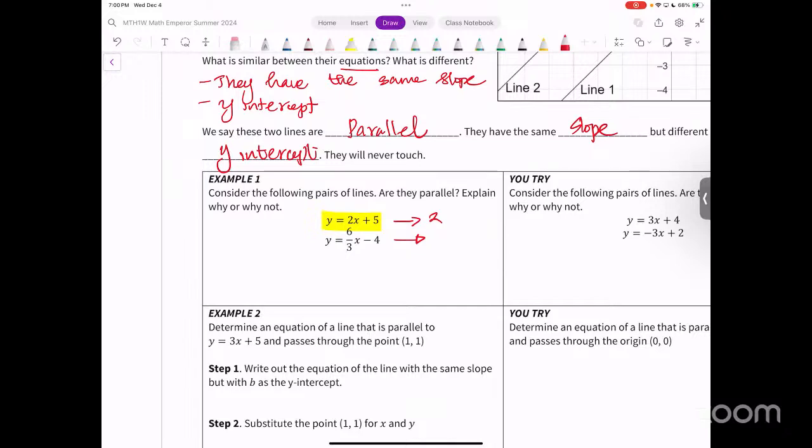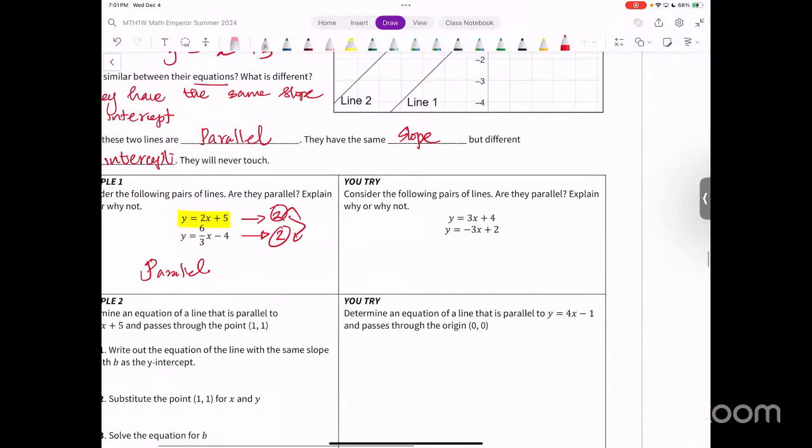Reduced? Yes. 2 over 1. That is 2, isn't it? Do we have the same slope? Yes. So can we say these two lines are parallel? Yes. Makes sense? All right, so let's go back. I just said 6 divided by 3, which is 2. So both lines have the same slope.